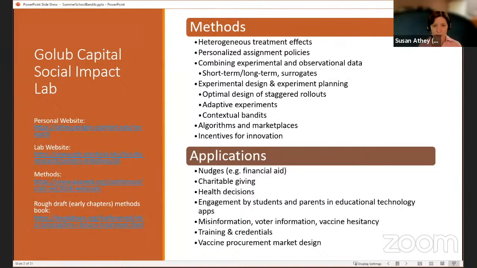And just broadly, a lot of the methods that I've been working on recently fit into a lot of the themes of this whole week: heterogeneous treatment effects, targeted treatment assignment policies, a few others that I won't be able to talk about today, but you might be interested in things like combining experimental and observational data.